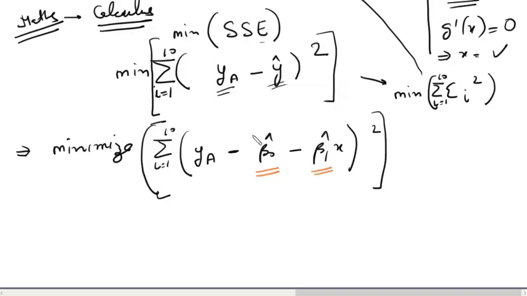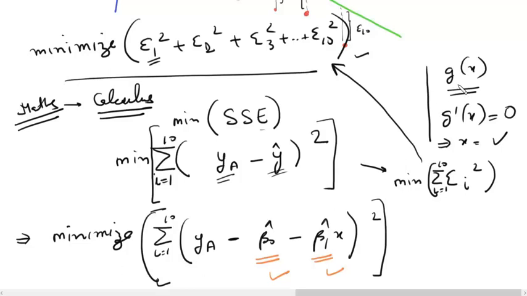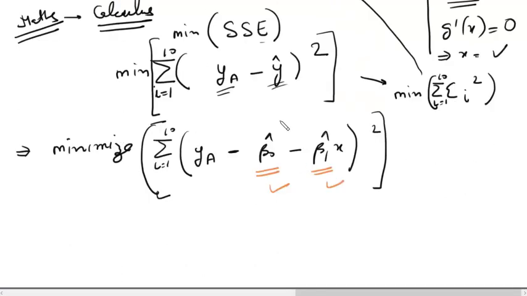Now let us try to minimize. As we saw from calculus, to minimize this we will have to differentiate it. Differentiate with respect to what? We will differentiate this with respect to the unknowns in this equation, which are beta naught hat and beta 1 hat. Remember that earlier we differentiated with respect to x, because x was what the function depended on. In this case, our function depends on the values of beta naught and beta 1, so we will differentiate with respect to both of them. Since we have two variables involved here, we will have to do a partial differentiation.